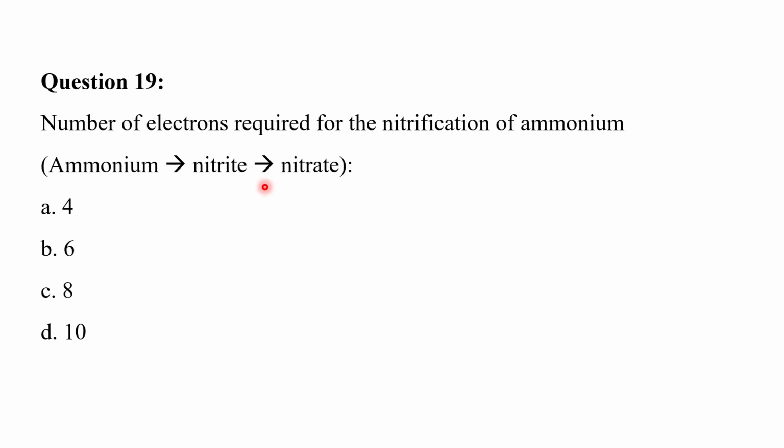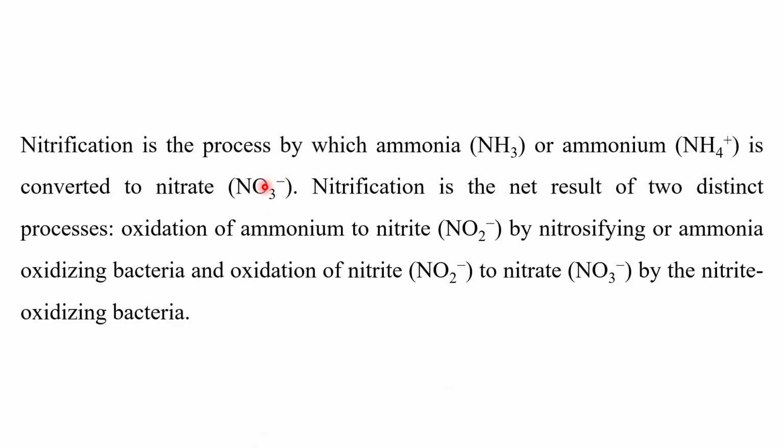Okay, I'll tell. So the correct answer for this question is 8. Yes, Chetna has answered 8. So nitrification, I told you, is a process in which ammonia or ammonium, the ionic form of ammonia, is converted into nitrate.